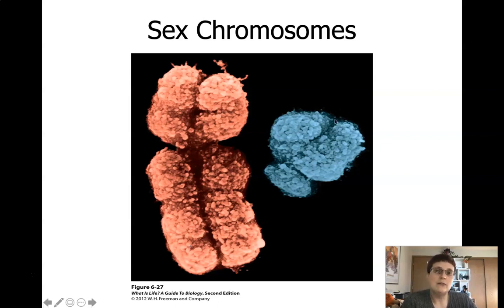You can, however, and we'll talk about this later, be born with just a single X chromosome. You don't need two X chromosomes. You can be born without a Y, but you must have at least one X chromosome. There are important genes on here that you must have in order to survive.